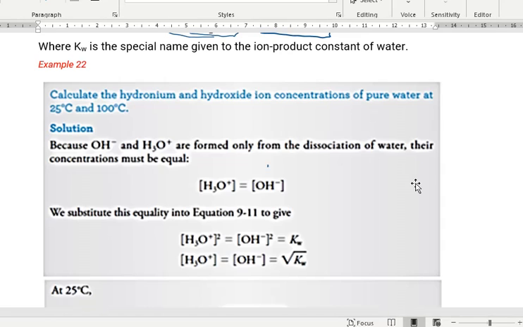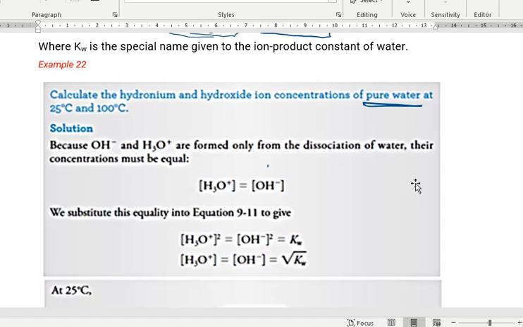Calculate the hydronium and hydroxide ion concentrations of pure water at 25 and 100 degrees. So, in this case, the hydroxide and hydronium are formed only from the dissociation of water because we only have pure water, right? So, their concentrations must be equal. Kaya you only have water man.